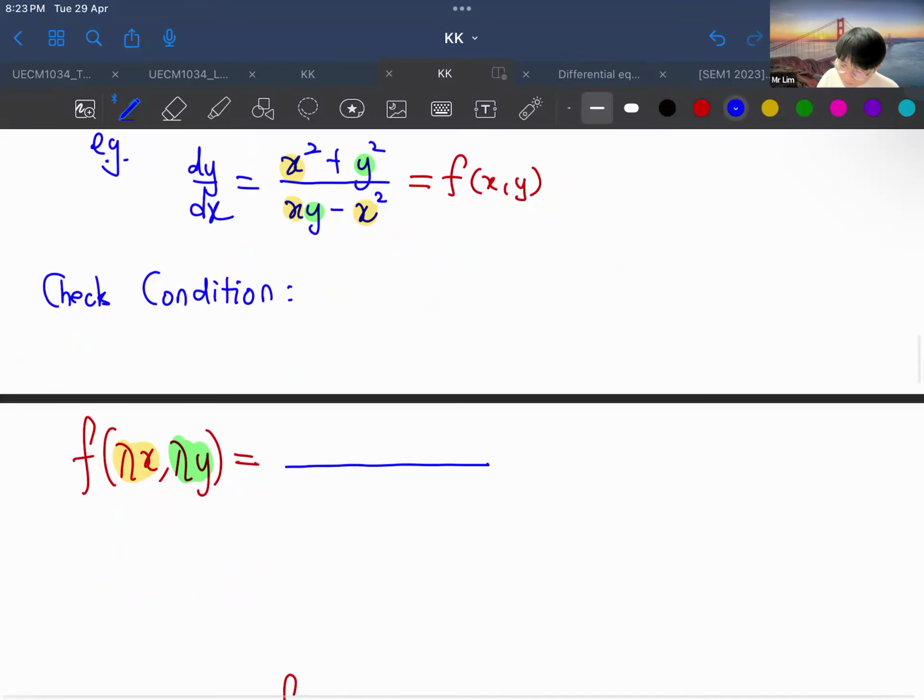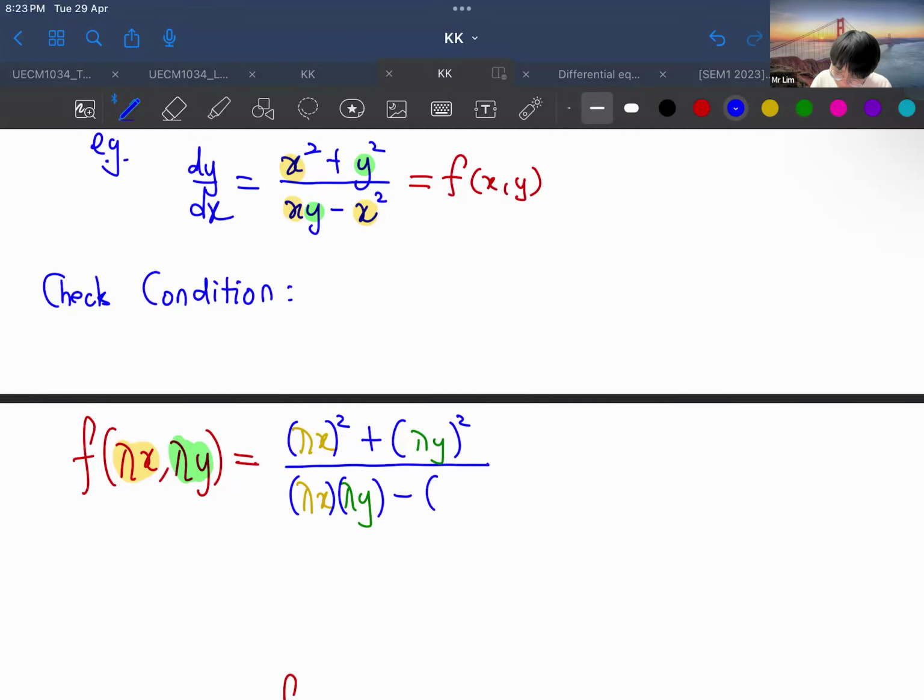So it is a fraction, and then (λx) squared, remember, λx in the bracket squared, plus (λy) squared. In the denominator, λx multiplied by λy minus (λx) squared.